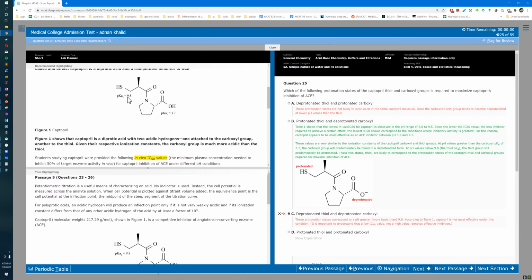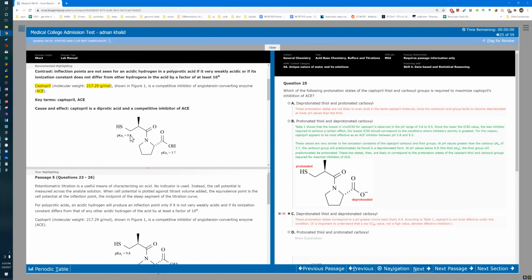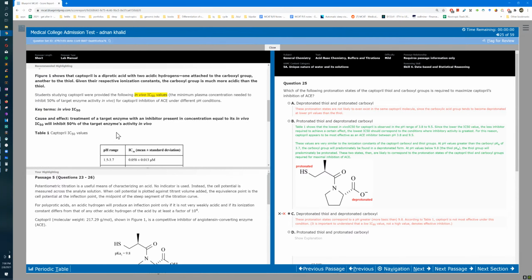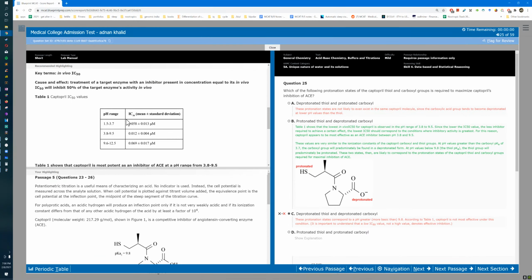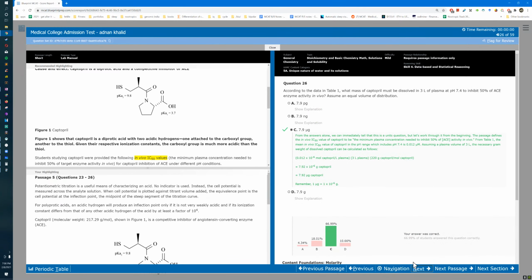And this 9.5, so 9.8 is more basic than 9.5, but we're picking between this range here, so this is going to stay protonated. I'll explain that better next time.